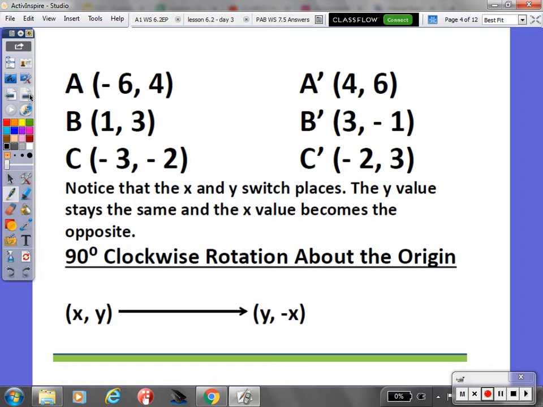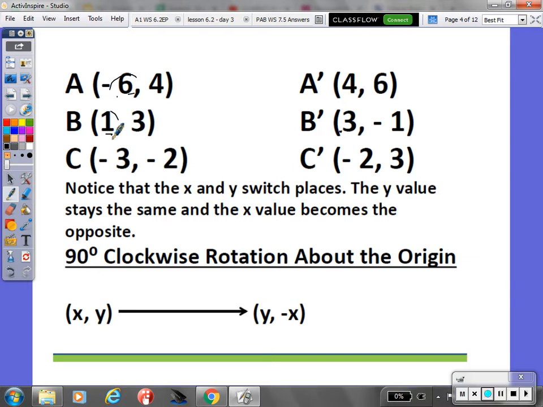If you notice, B started at 1, 3. The 1 now comes to the opposite place, from an x to a y, from a y to an x. And again, the opposite of what that x coordinate was. So this -6 becomes a +6.